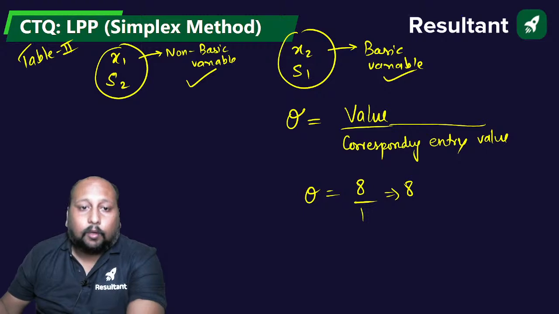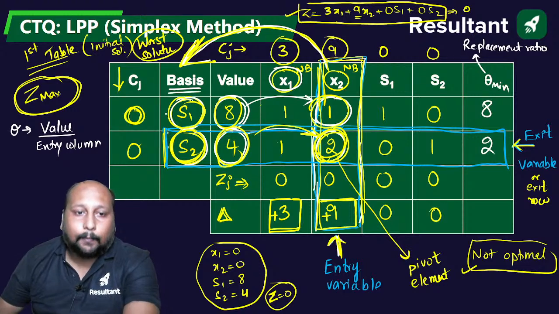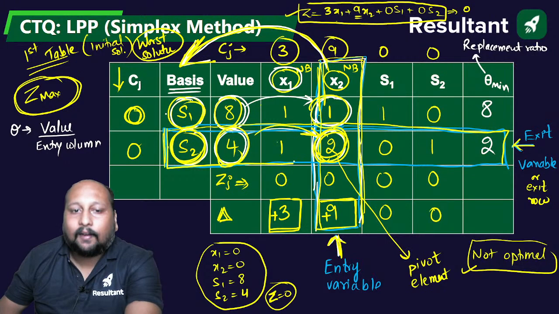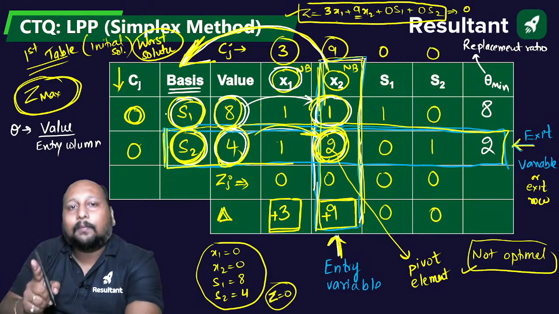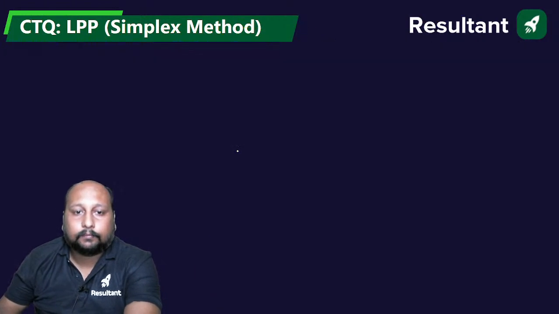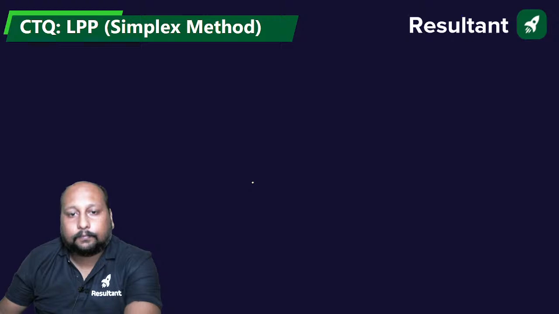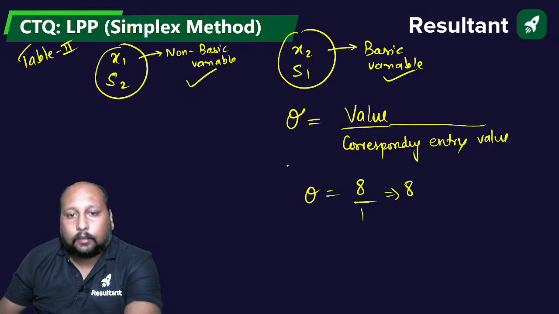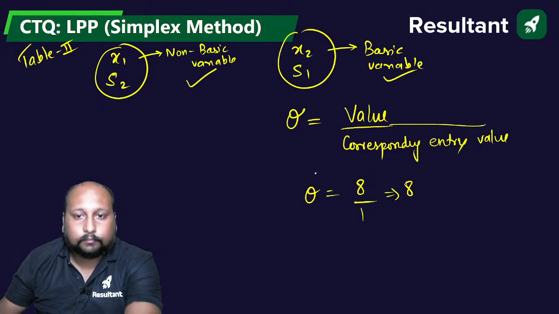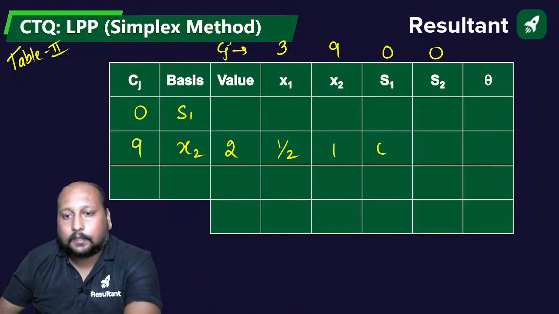Clear है? Now in order to calculate the new set of values, what we do first step is आपको you have to see the exit row, और exit row में you have to divide each and every element by the pivot element. मतलब 4 divided by 2 is 2. ठीक है? 1 divided by 2 is 1 by 2. 2 divided by 2 is 1. 0 by 2 is 0 and 1 by 2 is, this is 0 and 1 by 2.